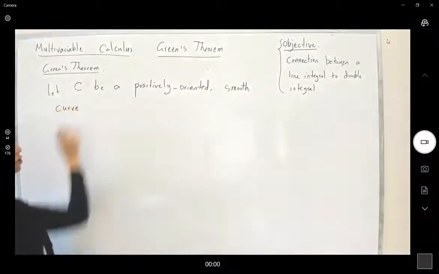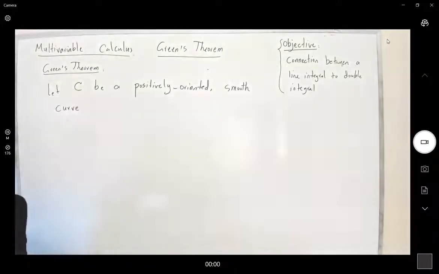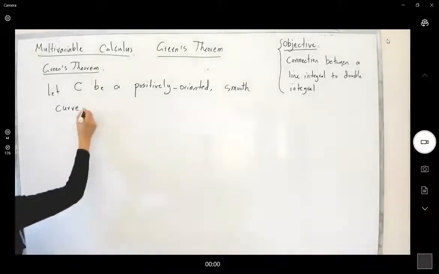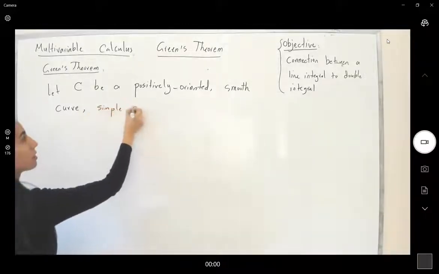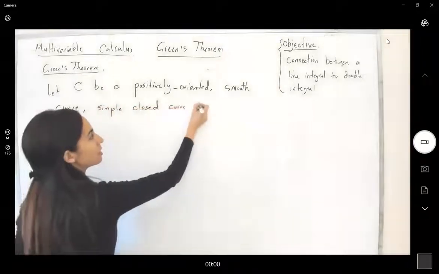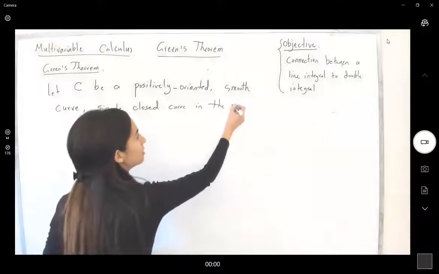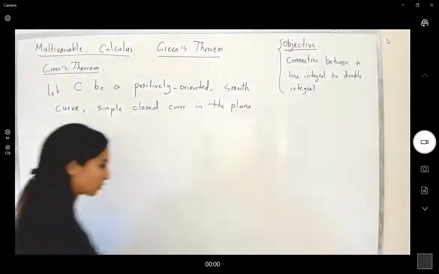So far, we know that our curve C is positively oriented and it is smooth. And at the same time, suppose C is a simple closed curve in the plane. So these are the conditions that we have for our curve C.